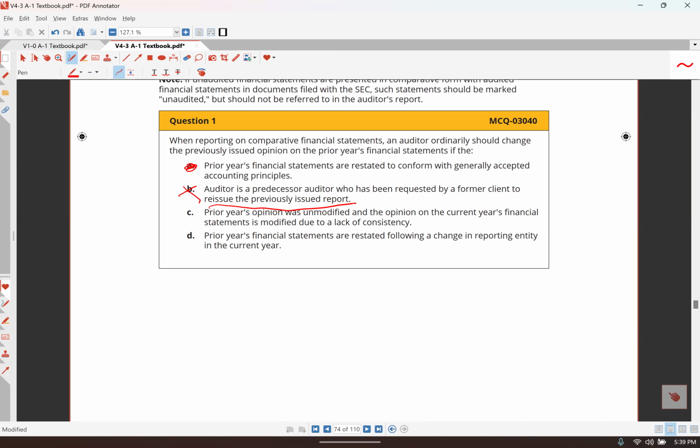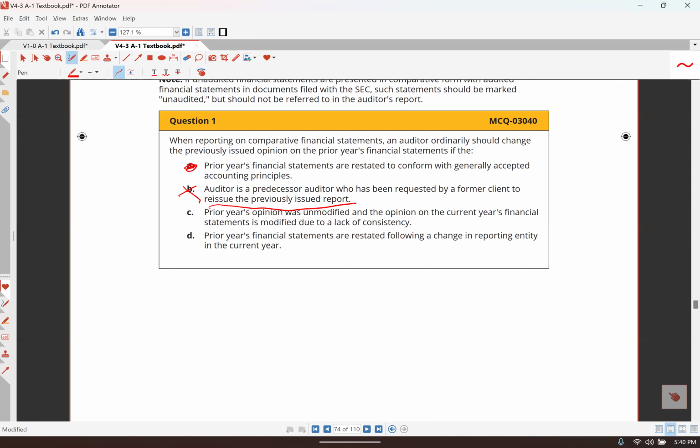But I'm exposing myself to something called subsequent events that we're going to talk about later that would run all the way to March 31st. So I'd want to do some work to see that nothing affected the statements that should have been included between January 15th and March 31st. But I could reissue that report and not change my opinion.